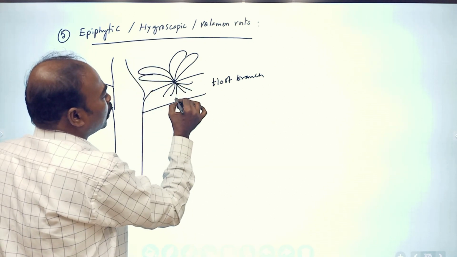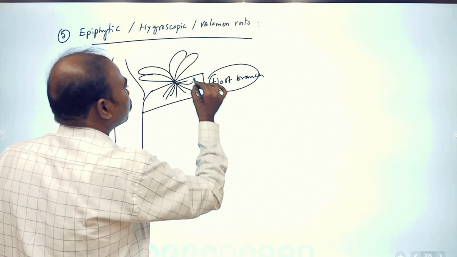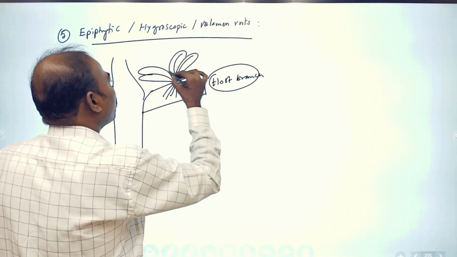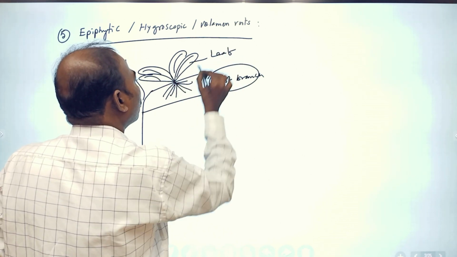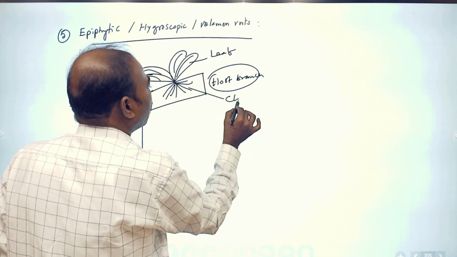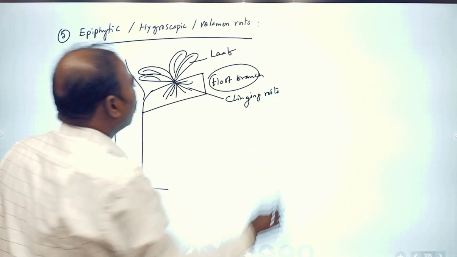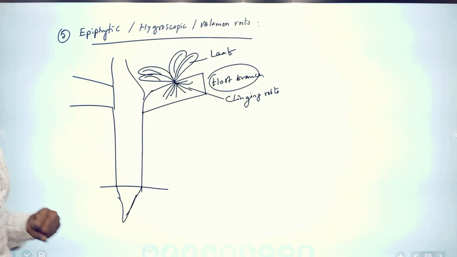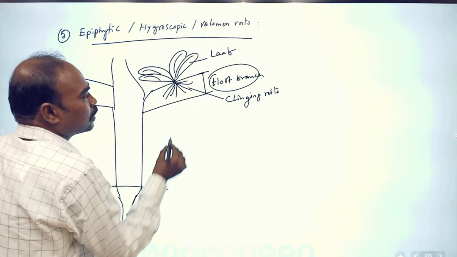These clinging roots are useful to fix the plant onto the host branch. These are epiphytic plants. Leaf. These roots are called clinging roots. They are useful to fix the epiphyte to the host branch, right?